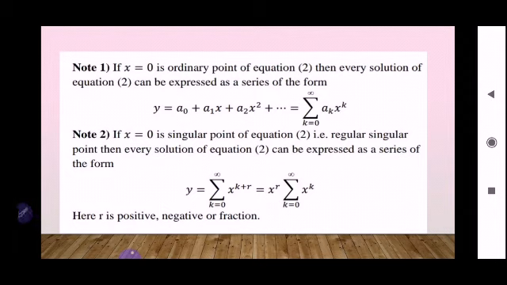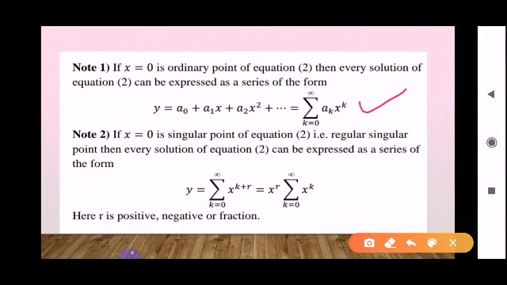First note: if x equal to 0 is an ordinary point of equation 2, then every solution of equation 2 can be expressed as a series of the form summation of ak into x raised to k, where k varies from 0 to infinity. Means how to solve problems on linear differential equations with variable coefficients.